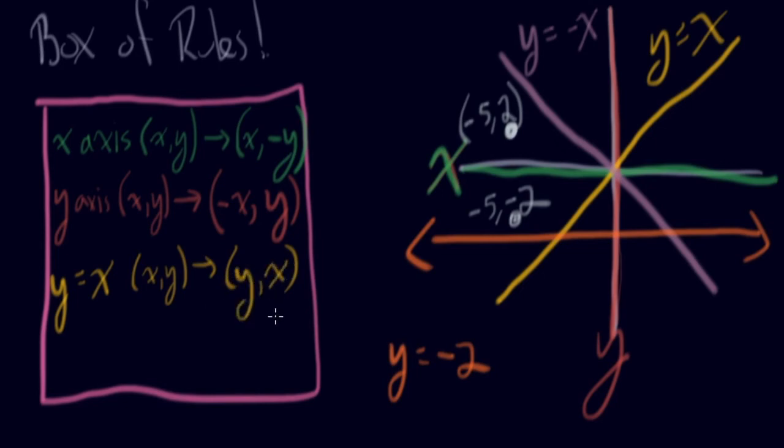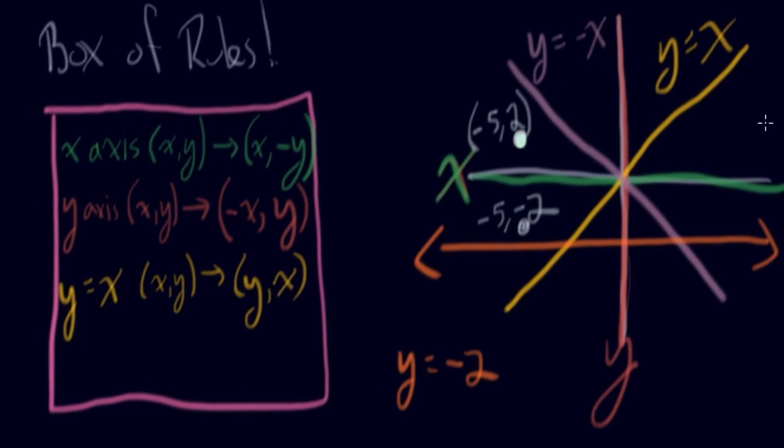So your x becomes your y and your y becomes your x. If we had to reflect that point (-5, 2) across here, it would end up over here, about there. All you're doing is flipping this. So it's not (-5, 2) anymore, it's (2, -5). That's not too bad if you're reflecting across y equals x.